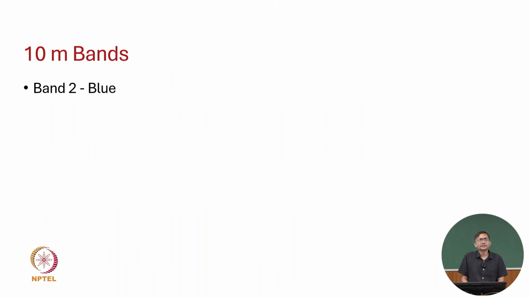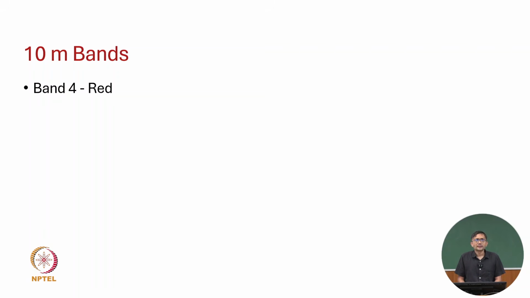So let us have a look at these bands. Among the 10 meter bands, band 2 is blue, like blue from our normal RGB. Similarly, band 3 is green, and band 4 is red. But that's not all.